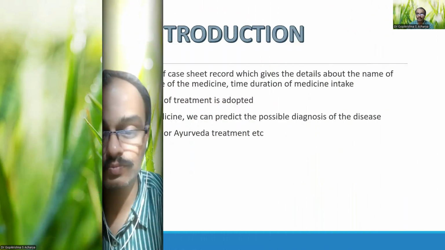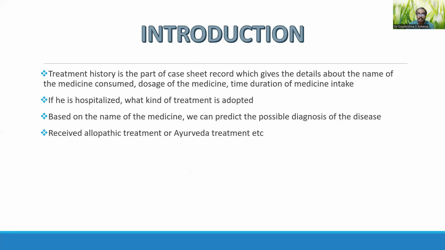What kind of treatment is being adopted by the person who is visiting the hospital or your OPD? We are going to document that in this particular section of case taking. It may be either allopathic treatment or Ayurveda treatment. The treatment history is a case record which gives the details about the names of the medicines used, the dosage, and the time duration of the medicine intake.